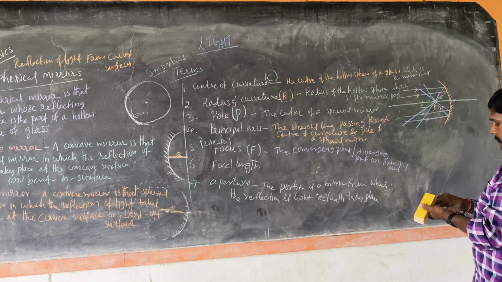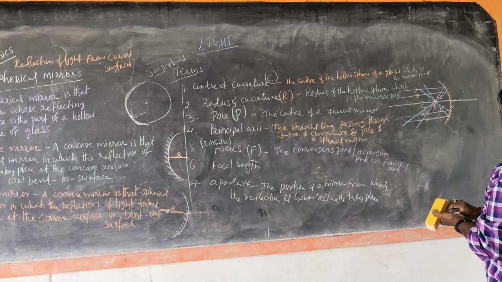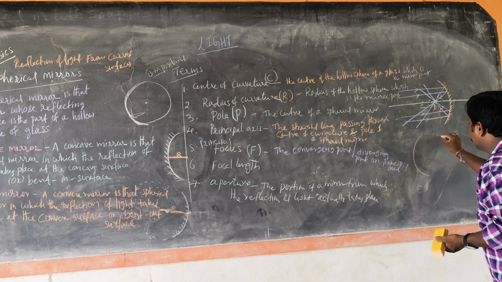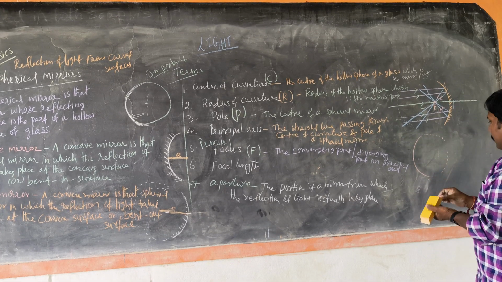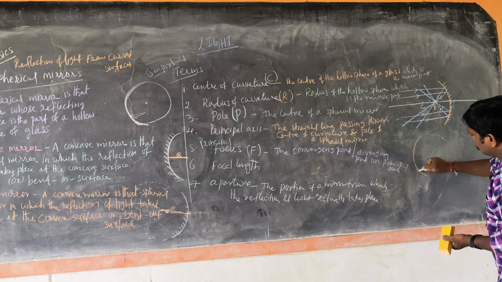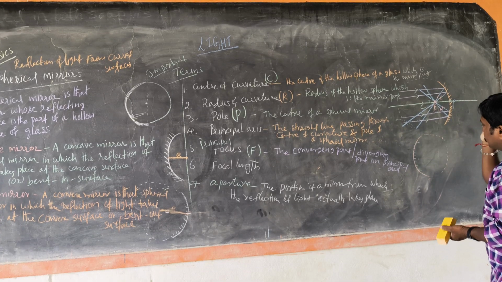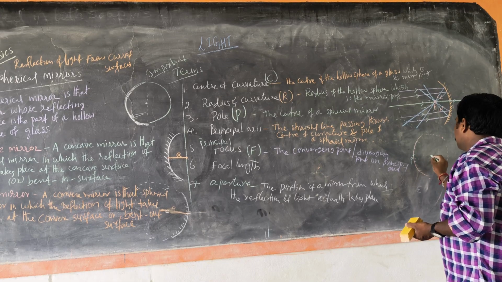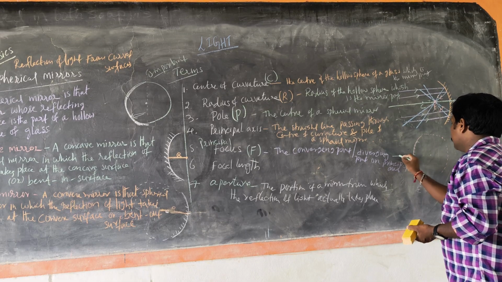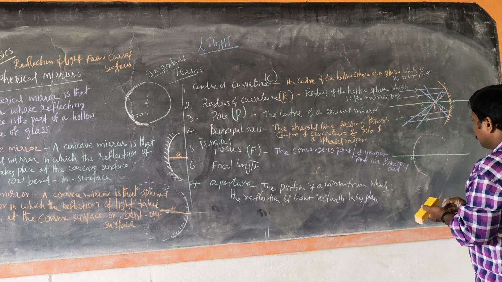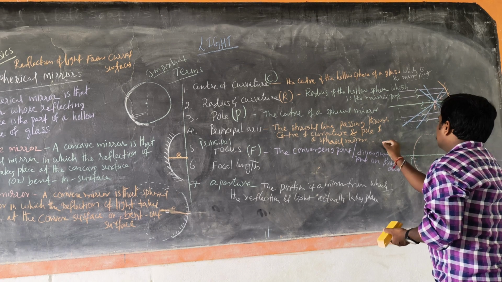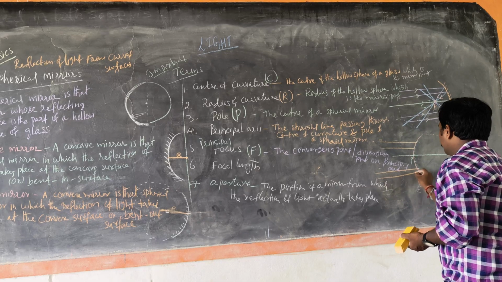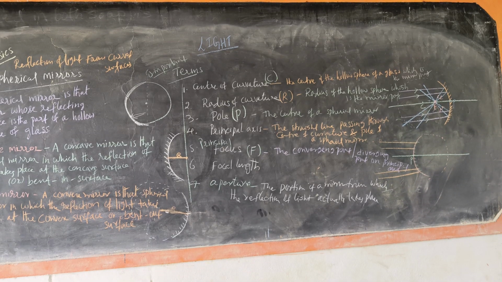Similarly, in the case of a convex mirror, with the pole, center of curvature, and principal axis, the parallel rays are incident like this.